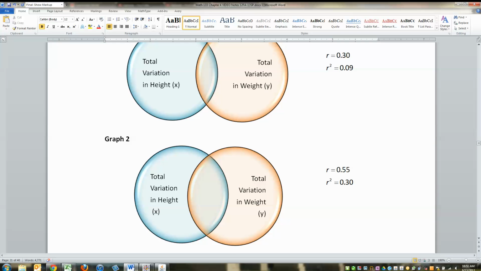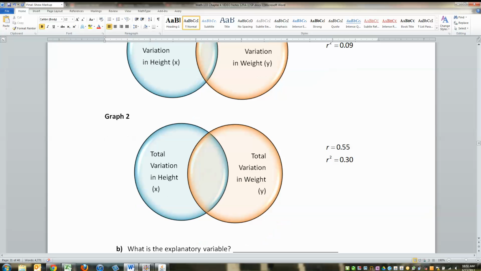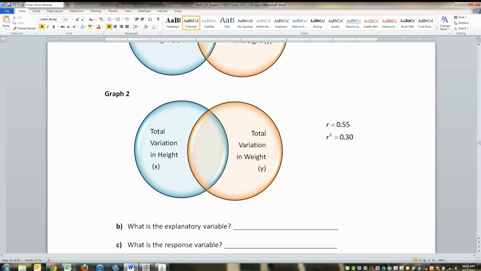That's how much variation they have in common. And then there are other things at play. For example, your weight gets affected by things other than your height, and that's why you're seeing all this bit that's outside of the height overlap portion. So what's our explanatory variable? That's height, which was x. What's the response variable? That was weight, as in y.